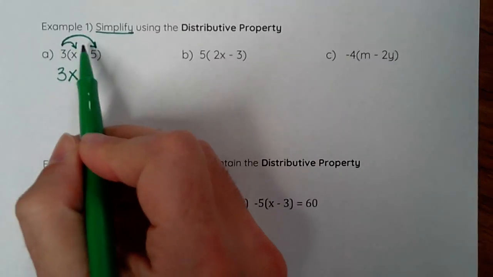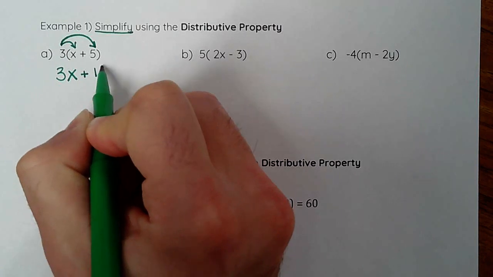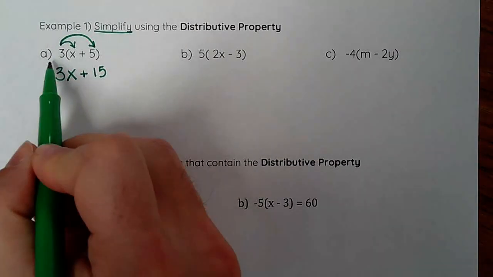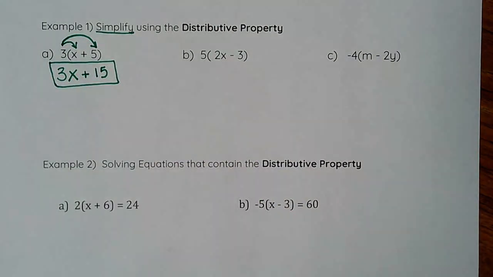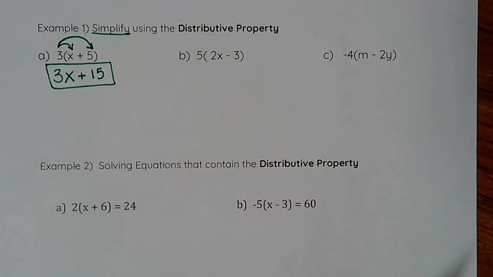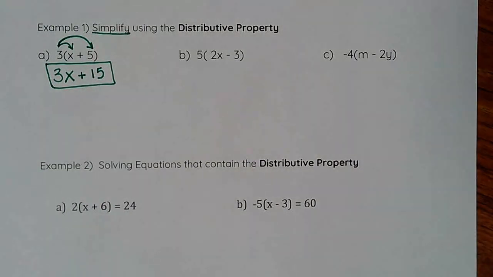So 3 times 5, which is 15, and I'm going to write 15. This is as far as we can go with the distributive property here. I cannot combine those terms because one term has an x value, the other term does not. So 3x plus 15 is as far as I can go with this expression.